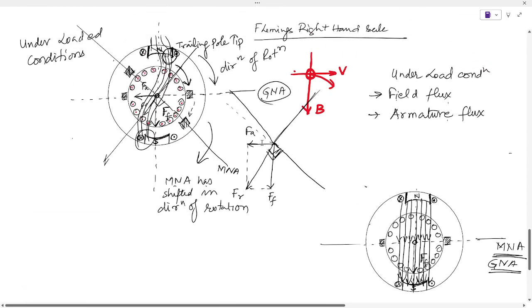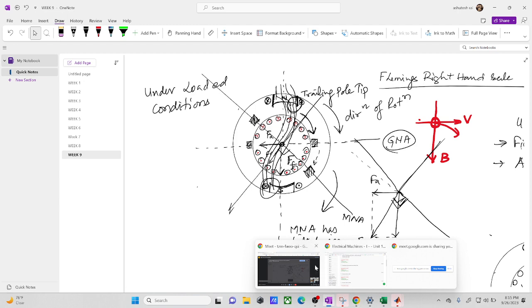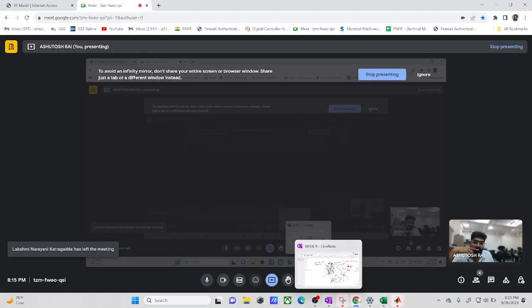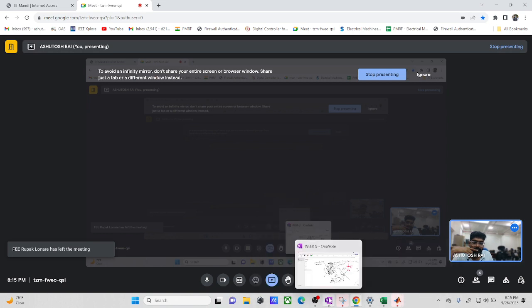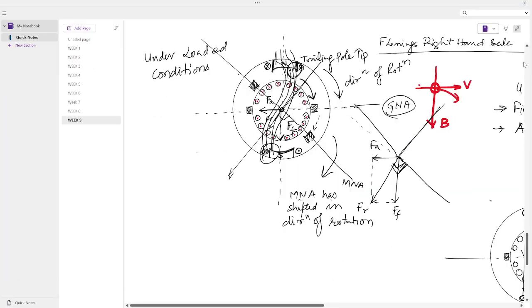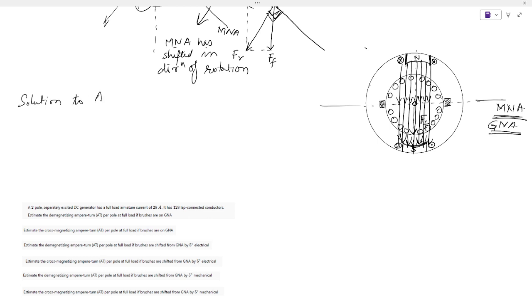Solution. Sir, additional series windings, compensating windings, interpoles. Okay, yes, right. So the solution is, first, interpoles.